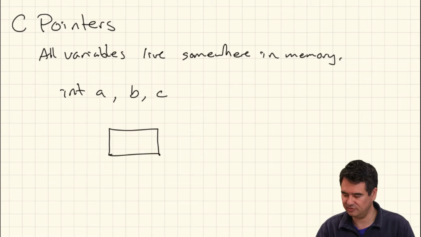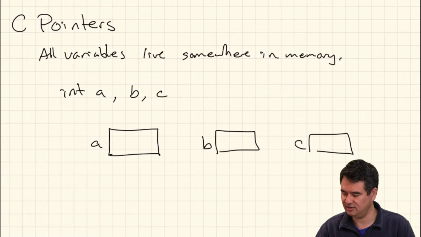So let's draw them as boxes here. So here's A, here's B, and here's C, and for the purposes of this, we'll just arbitrarily assign some addresses. So let's say A lives at memory location 1000 and B lives at, let's say, 1020 and C lives at 1040.